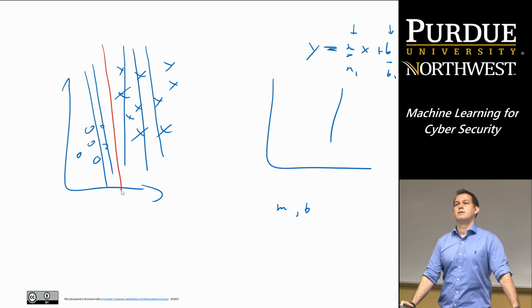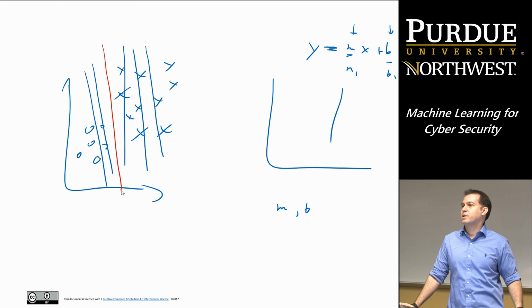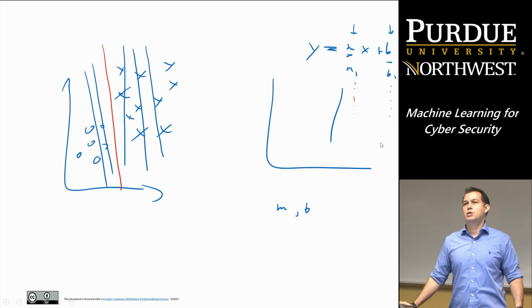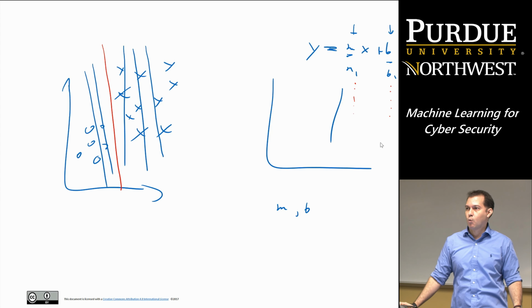You see that? That's the best one. Well, you can't even say the best one, but the most optimal. So after a whole bunch of M1s and B1s, you actually arrive at the optimal set of M1, B1 that create the best line that separates the data.